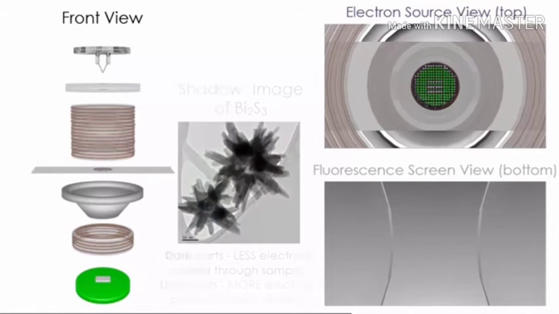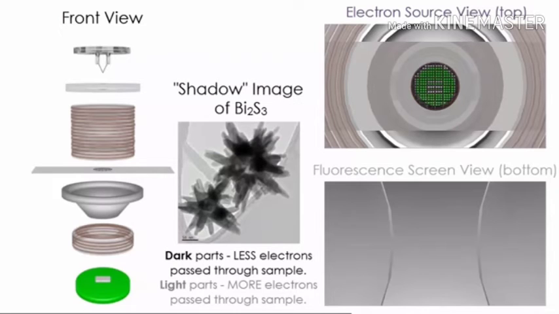The shadow image of bismuth sulfide appears to have two parts. The dark part has fewer electrons passing through the sample, and the light part has more electrons passing through the sample.